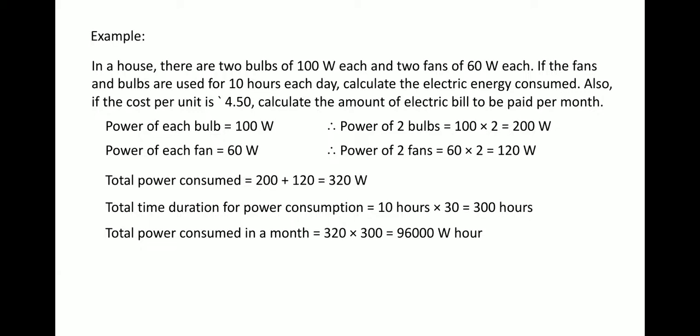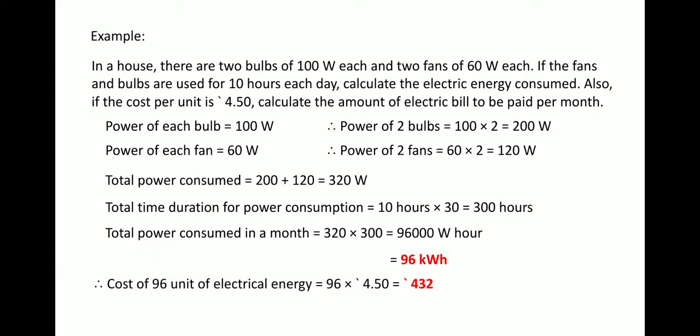If you convert it into kilowatt hour, dividing it by 1000 we get 96 kilowatt hour. Now the cost of 1 unit is 4.5 rupees. So the cost of 96 units will be 96 into rupees 4.50, that is equal to rupees 432. So rupees 432 will be the total cost and the amount to be paid as bill every month.